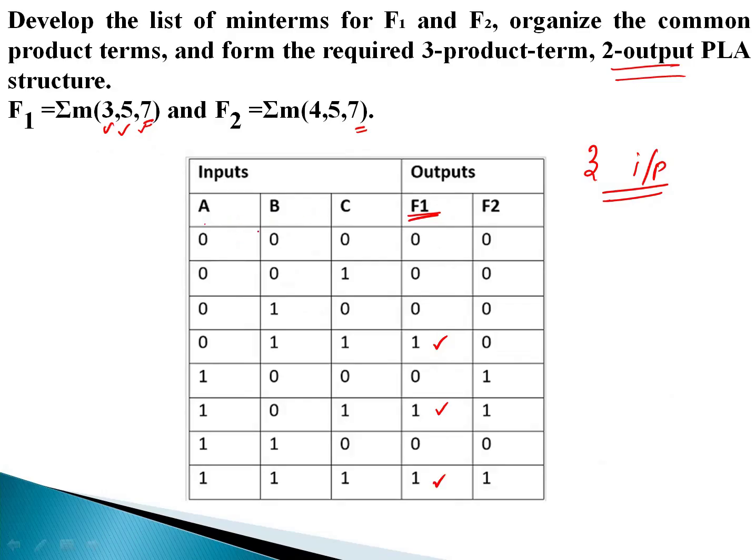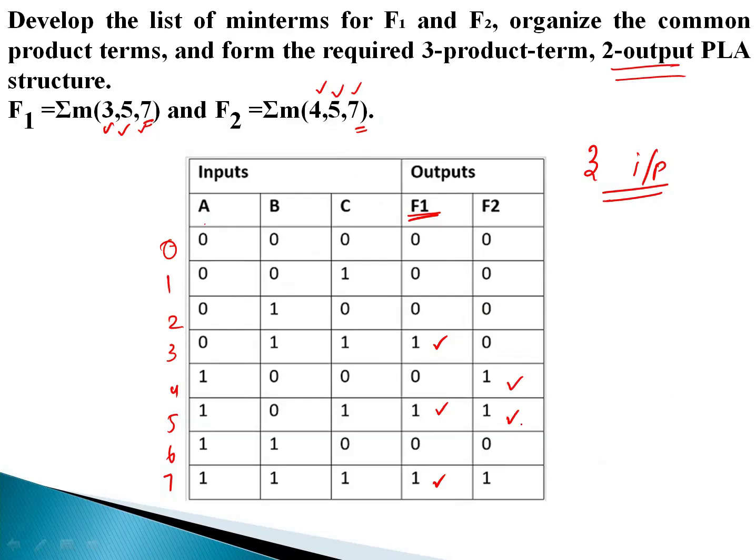The inputs are the same as usual: we have 8 possible combinations, 0 through 7, with their binary representations. Same for F2, the output will be 1 for 4, 5 and 7.